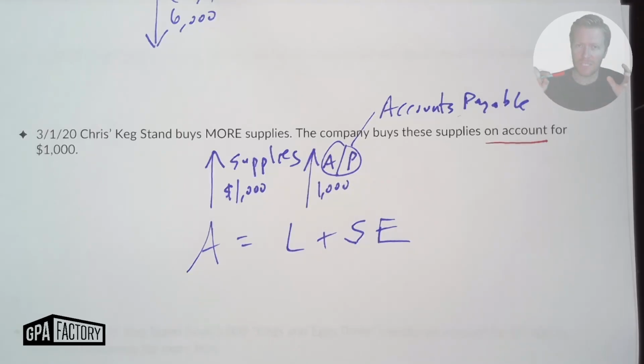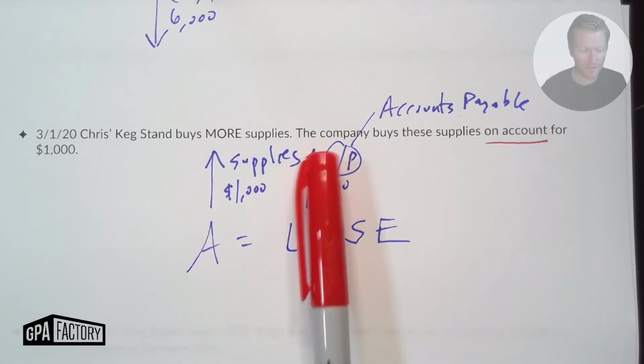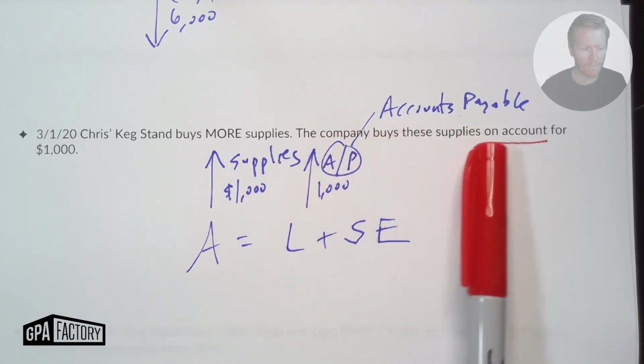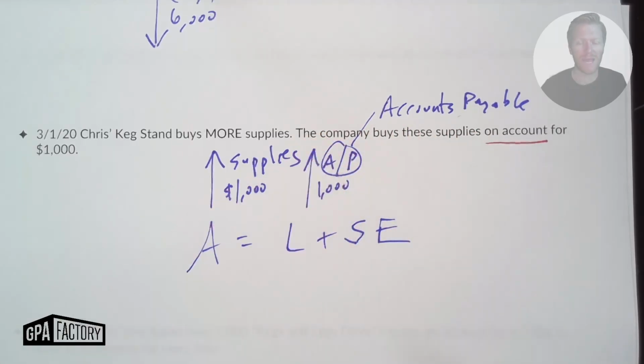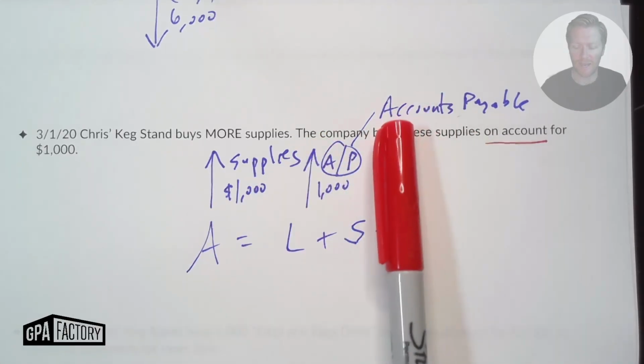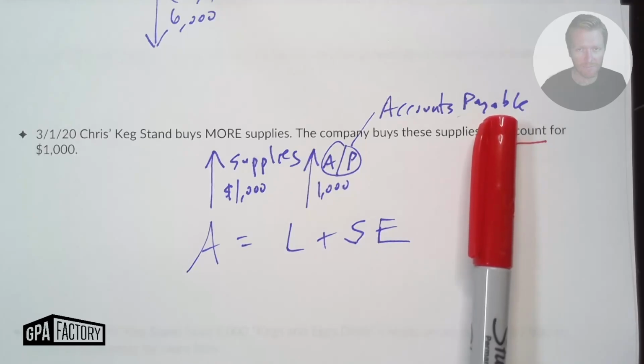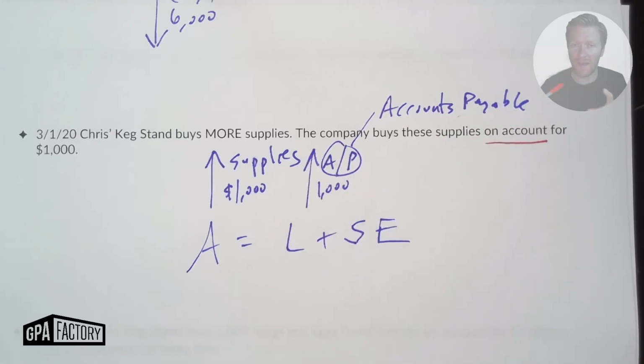Because perspective is very important. From the perspective of the company, we the company are the ones buying on account, which means we are going to pay later. So this is an account to be paid. Flip that: if customers purchase on account, that means the customers are going to pay later.